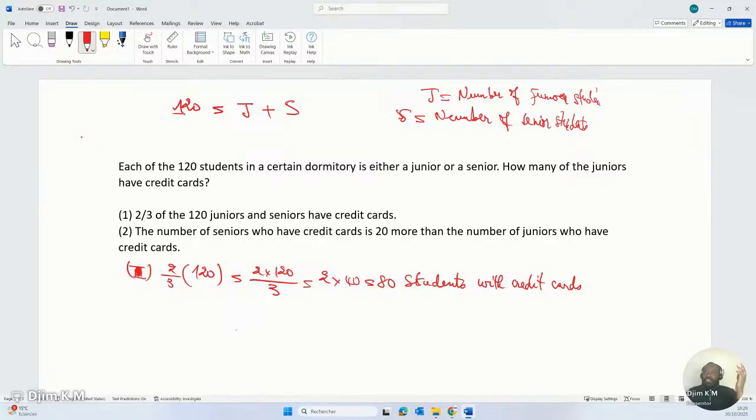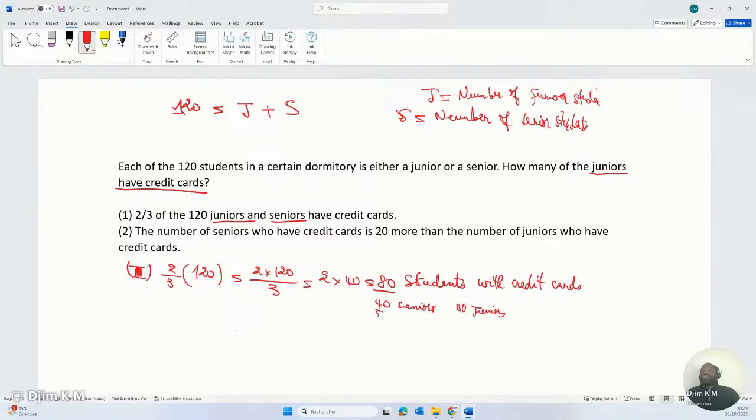But what it tells us here is that the other 40 students are at the same time juniors and seniors, but we are looking for how many juniors have credit cards. So this is not sufficient. We have 80, we don't know. It can be that maybe 40 seniors have credit cards and 40 juniors also will have.